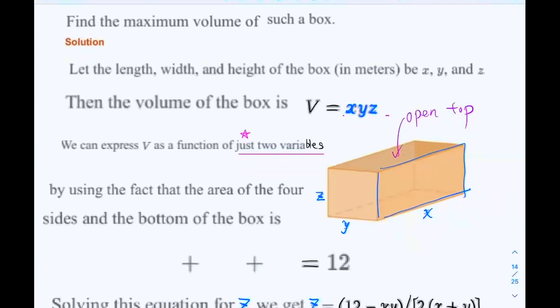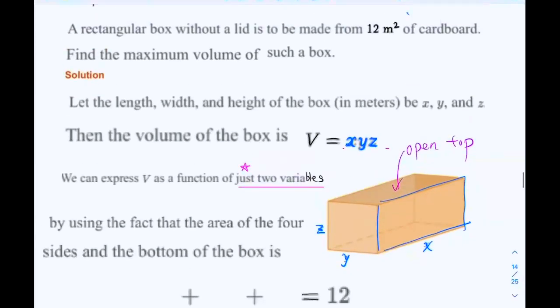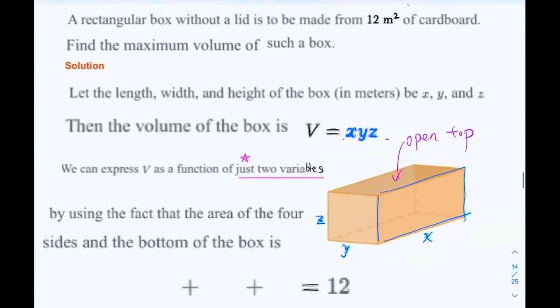Now we're trying to find the maximum of this volume here, right? But this is a function of 3 variables, and we want it to be a function of 2 variables only, so that we can use the theorem that we just learned, right? So we need to eliminate one of the variables, so that it becomes a function of 2 variables only. What information can we use to eliminate one of the variables?